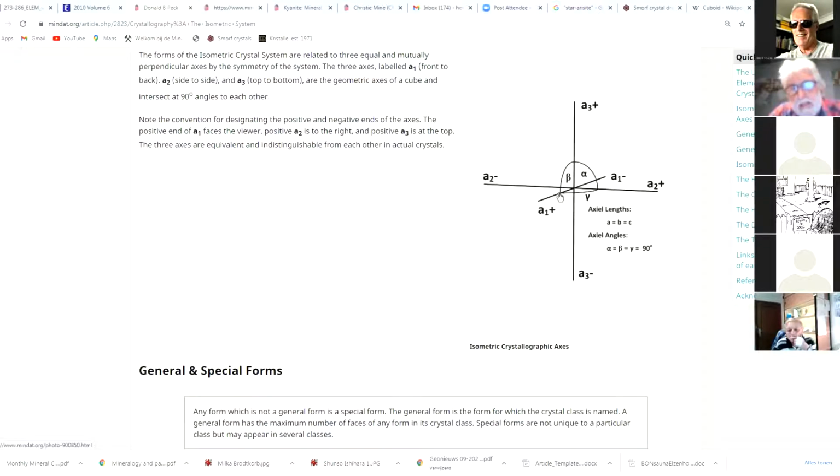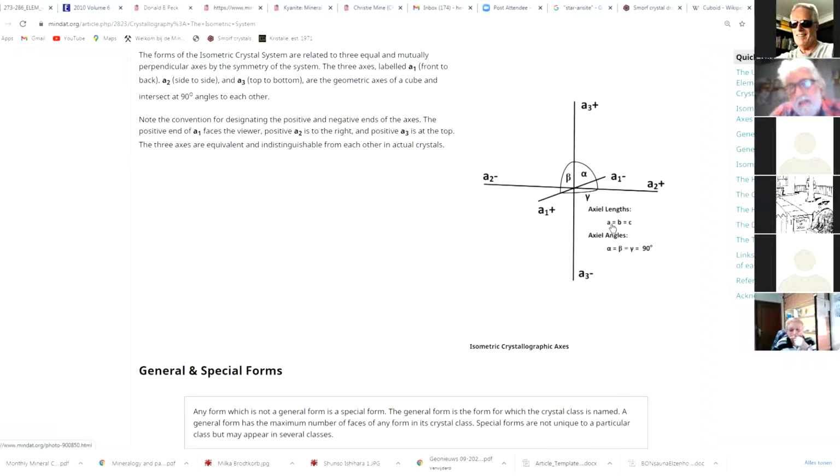And since on the three axes they have the same length, the same distance, here they're actually using A1, A2, and A3 instead of using A, B, and C, but it's actually the same thing.